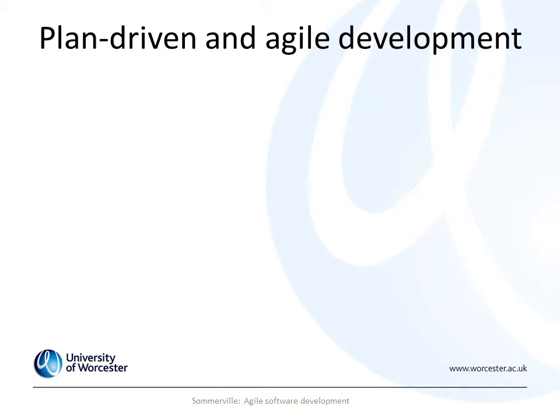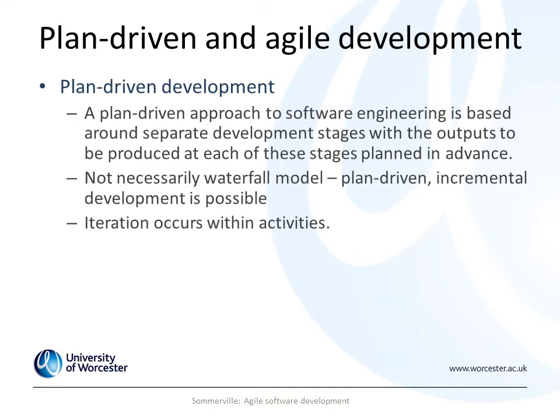During this module we're going to look at two different approaches to development: plan-driven and agile. The plan-driven approach to software engineering is based around separate development stages, with the outputs to be produced at each of these stages planned in advance. Now, this is not necessarily a waterfall model.